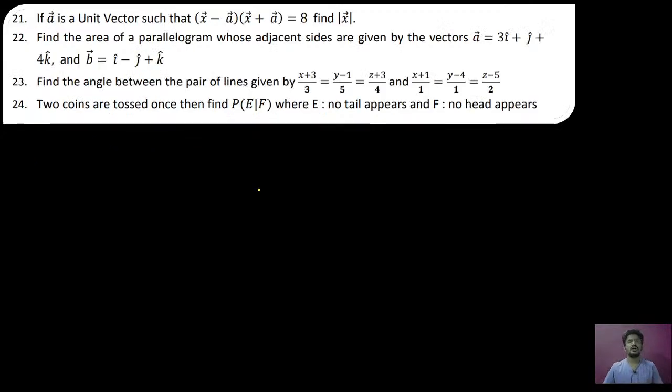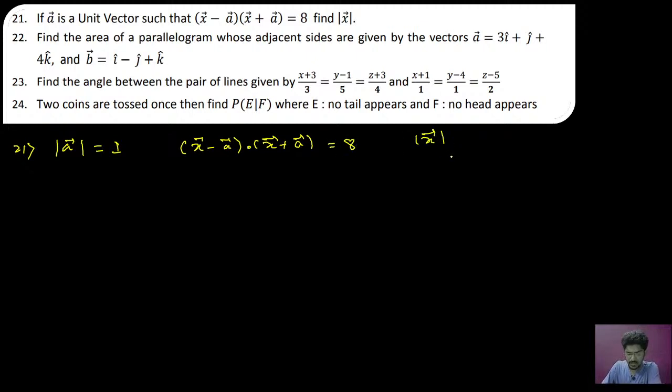Okay. Now let us go for problem number 21. See the problem number 21 quickly. If vector A is a unit vector, we write mod of A equal to 1, such that x minus vector A dot vector x plus vector A equals 8. Find mod of vector x. No problem.